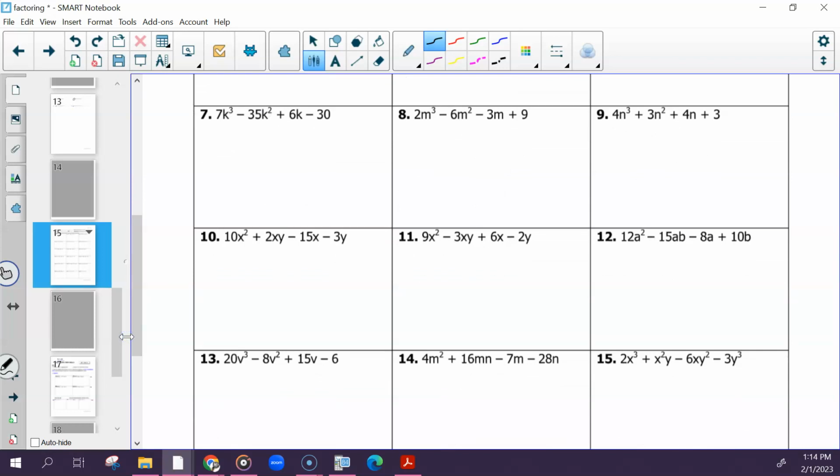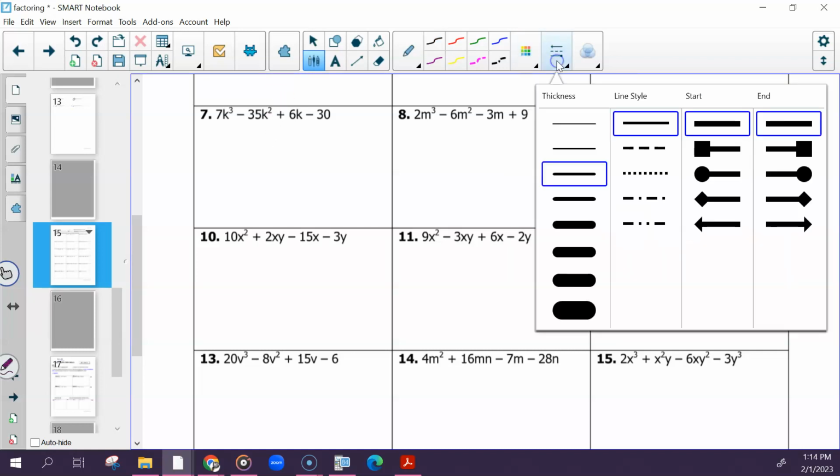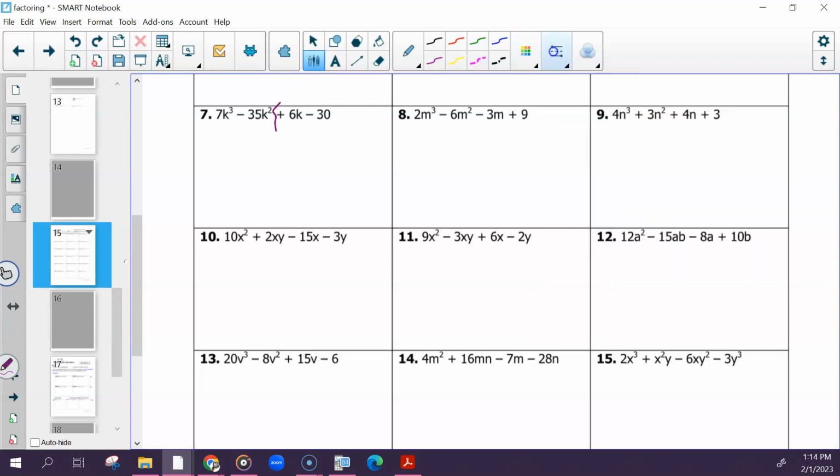Okay. So for 7, what would the GCF of the first two be? 7. Any variables? K squared.